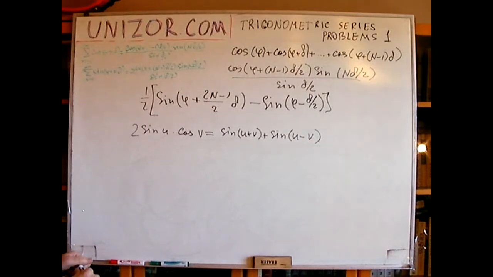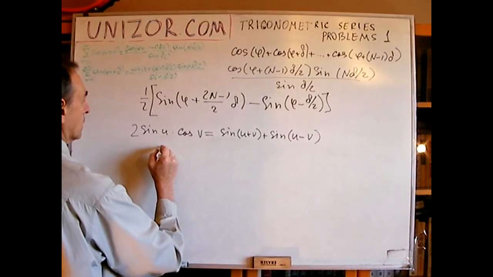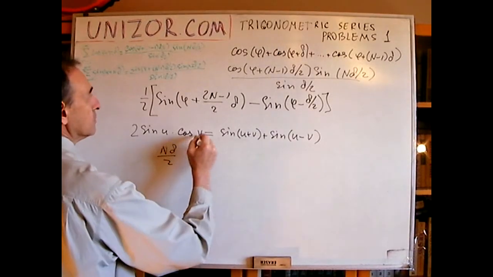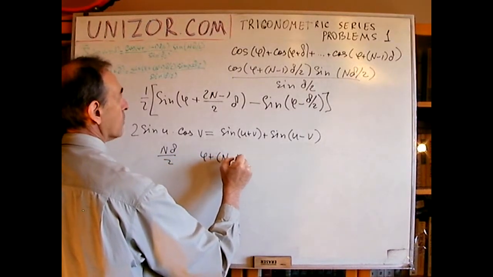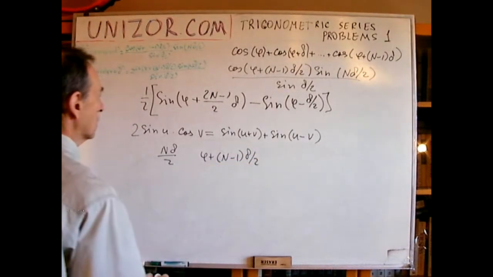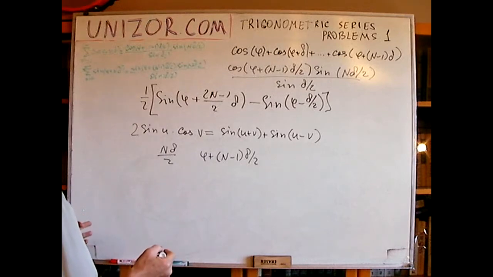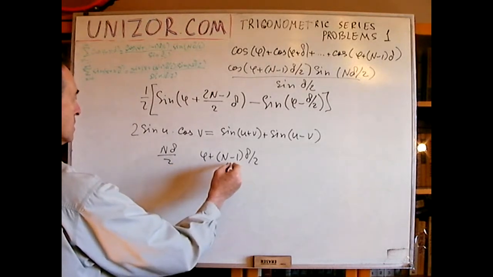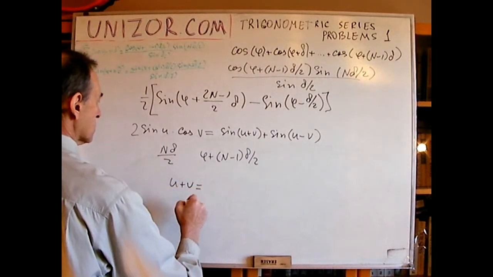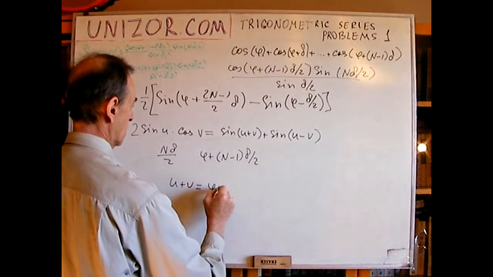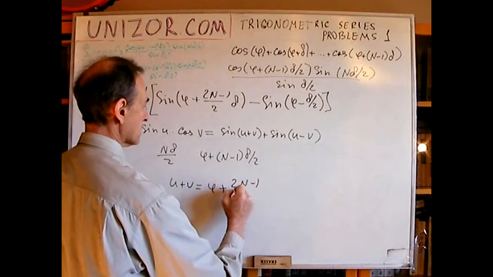Okay. So in our case, u would be equal to n delta over 2, v would be equal to phi plus n minus 1 delta over 2, right? So let's check out what happens. U plus v equals phi plus n and n minus 1, so it's 2n minus 1 over 2 delta.